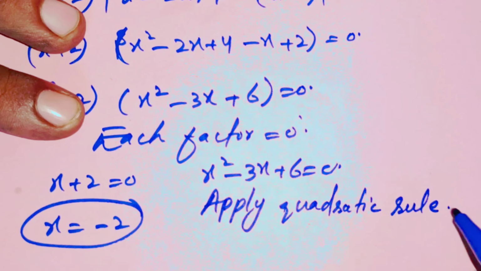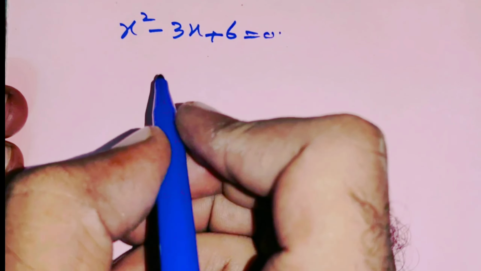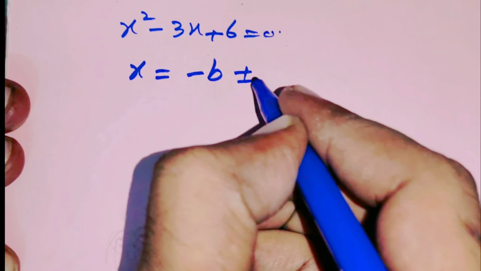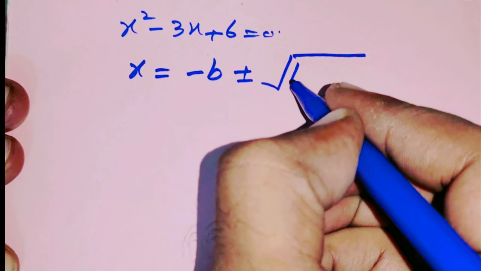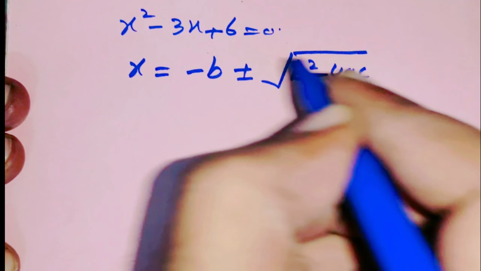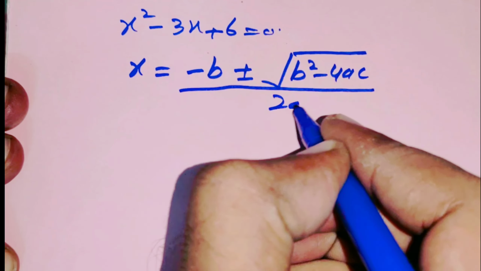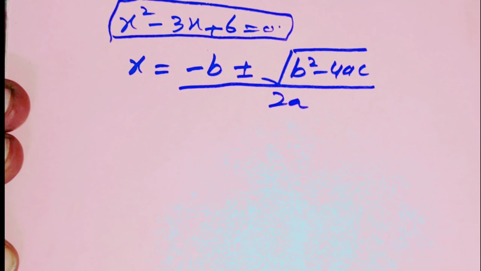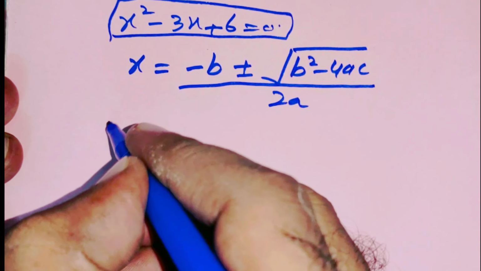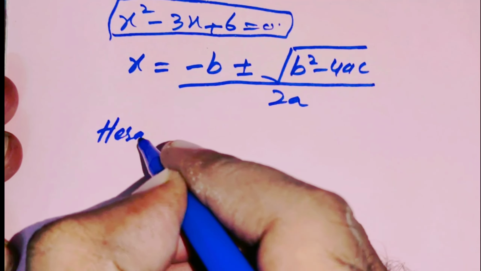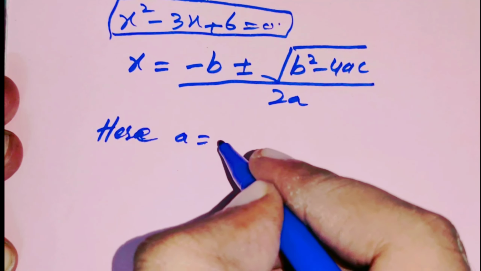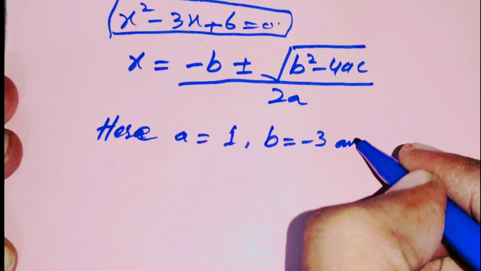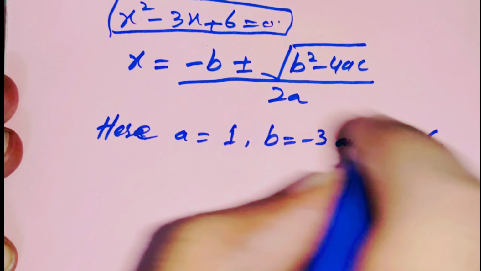Apply the quadratic rule. As we already know, the quadratic formula is x equal minus b plus minus square root of b square minus 4ac over 2a. Here we will take the values of a, b and c from this equation. Here a equal 1, b equal minus 3 and c equal 6.